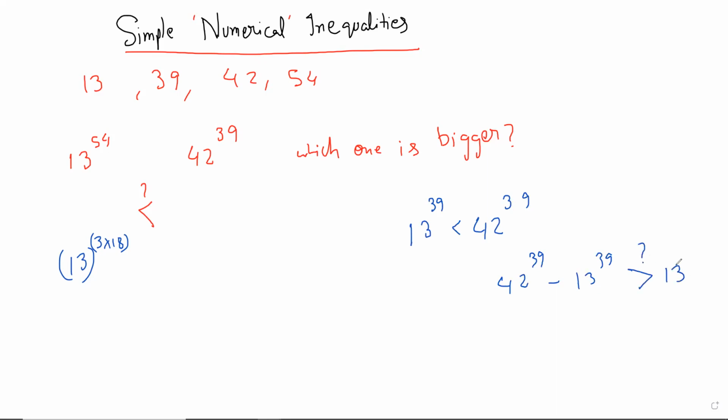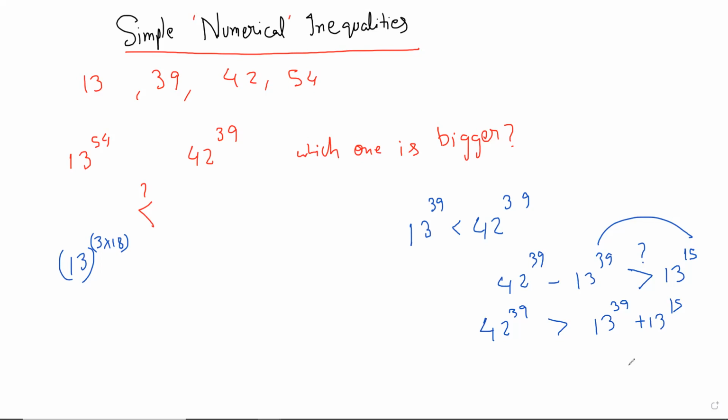No, but that will also not be enough, right? Because this plus this is not bigger than 13 raised to the power 54. Even if this is true, you only get this. So that is not very similar to 13 raised to the power 54, right?